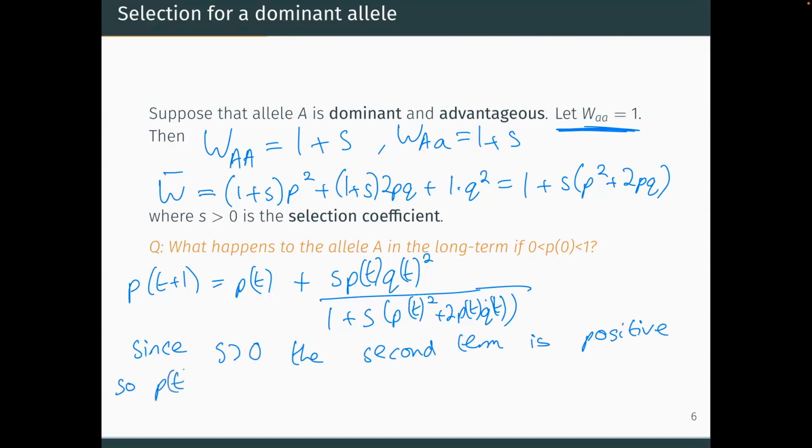So p of t is monotonically increasing. Slight caveat to that, when I say this is positive, this is initially positive at least.